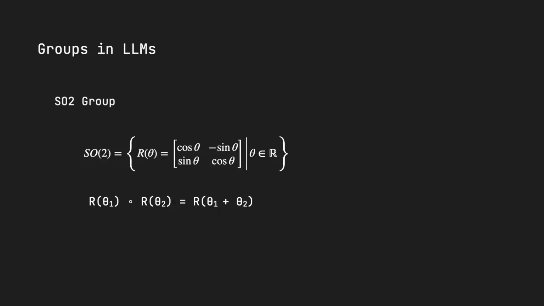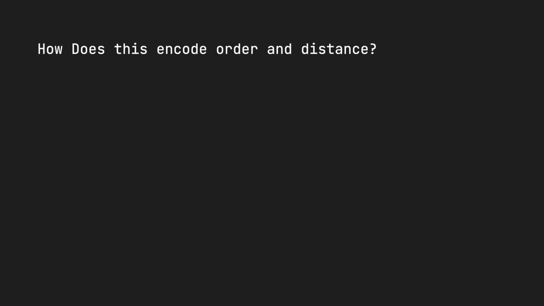So with RoPE, what we're doing is applying this SO2 group. Each of the pairs of vectors that we slice to allows us to encode information about order and distance.